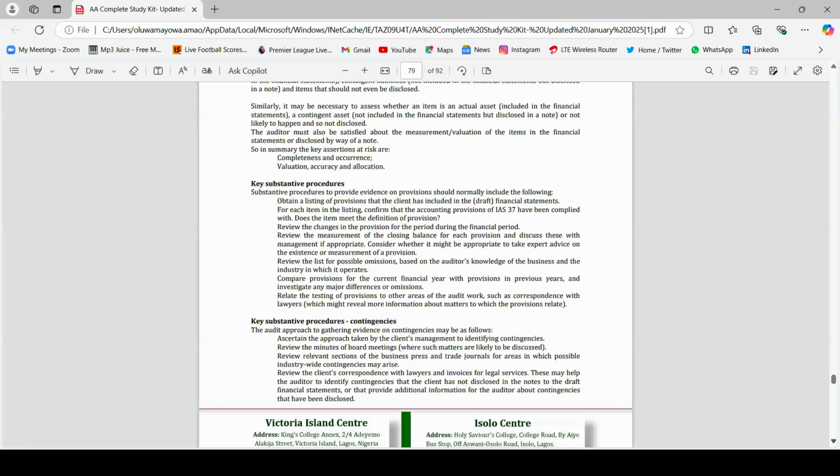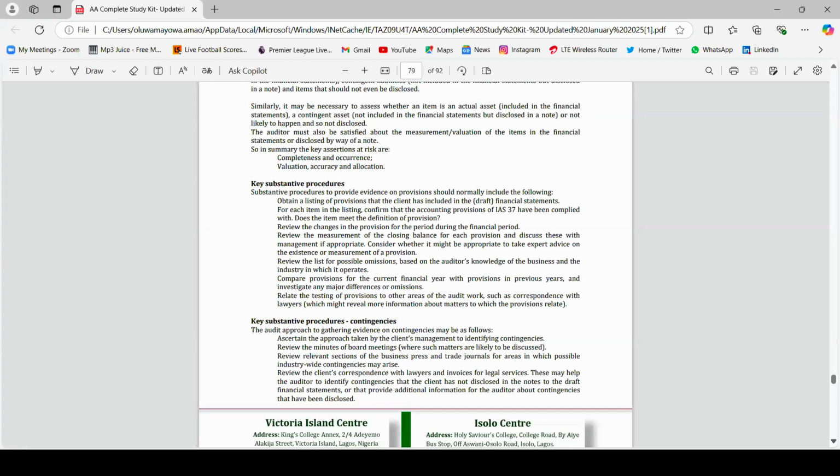Okay, so you want to be sure that the definition of provision by the client meets what the standard says. Then the auditor also wants to review the changes in the provision for the period. I said the first thing is obtain a listing of the provisions that the client has made in the financial statement.